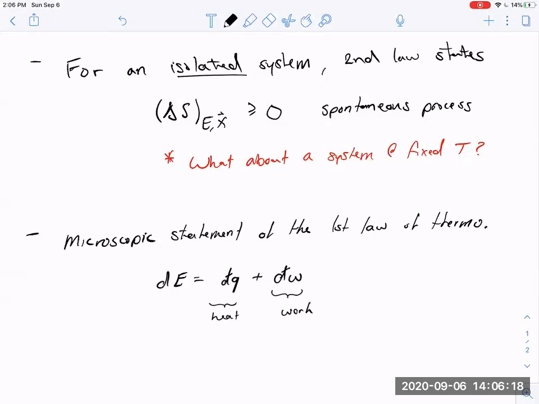From our microscopic derivation of this law, we know that these 2 really are fundamentally different sorts of processes.